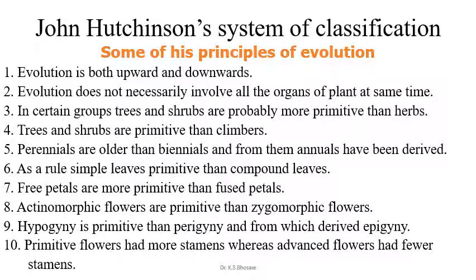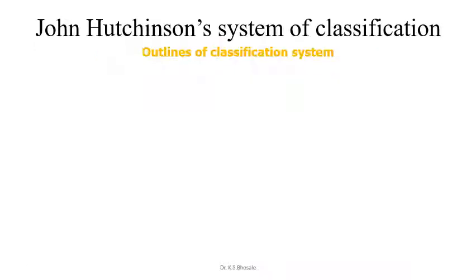Free petals are more primitive than fused petals. Actinomorphic flowers are more primitive than zygomorphic flowers. Hypogyny is more primitive than perigyny, from which epigyny is derived. Primitive flowers had more stamens, whereas advanced flowers had fewer stamens.